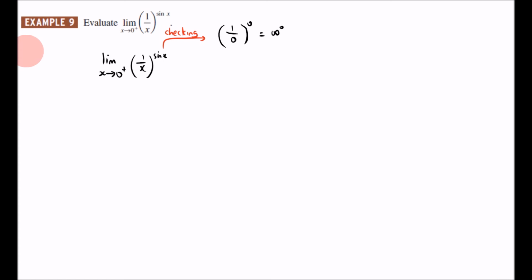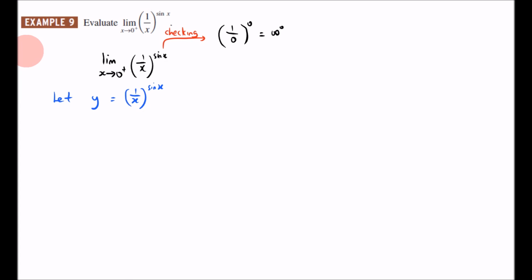Of course it's an indeterminate form that involves power. So you have to use the 3 steps. Let y equal x power sine x.